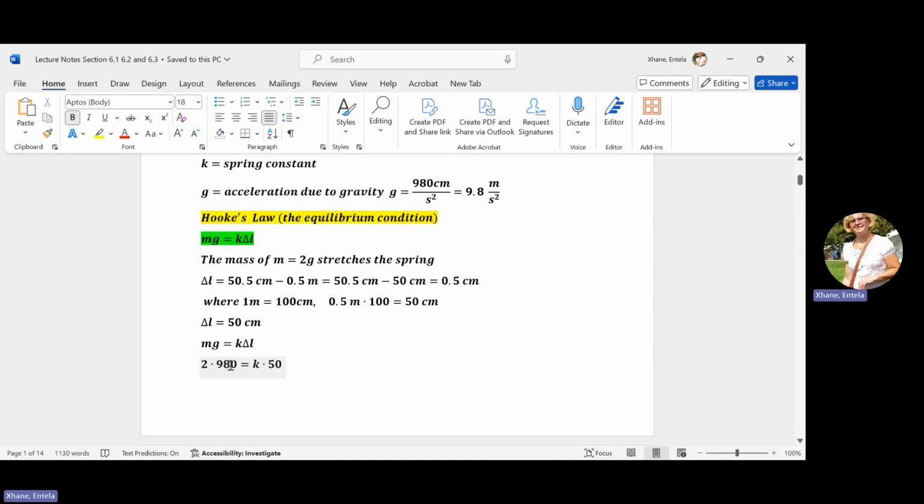The acceleration due to gravity is given as 9.8 meters per square second, but converted into centimeters it is 980 centimeters per square second.